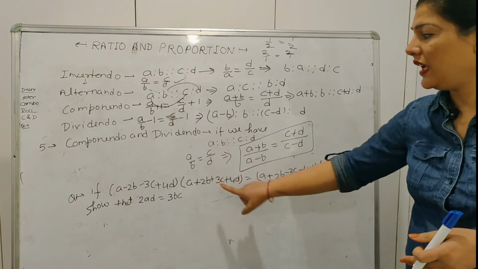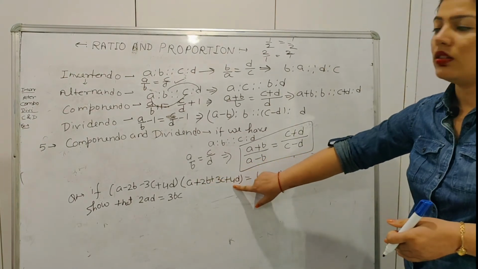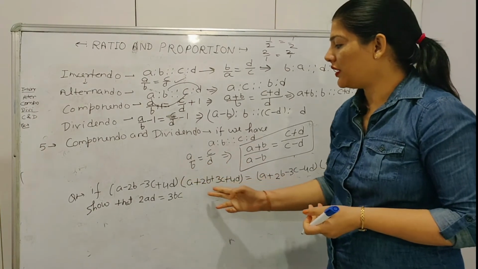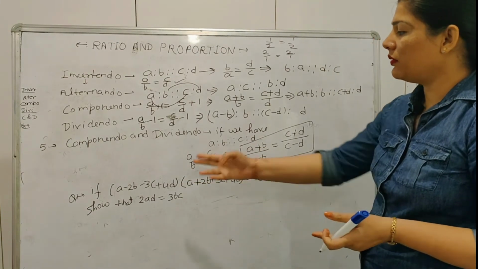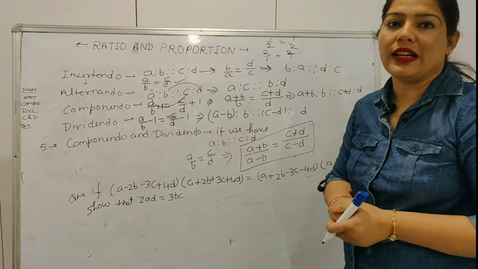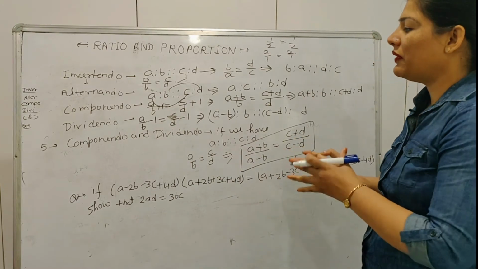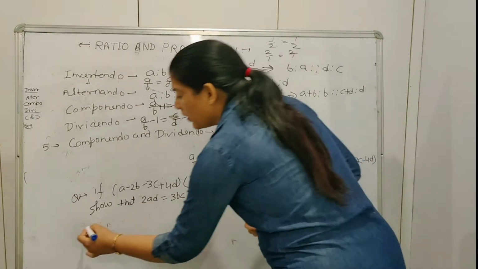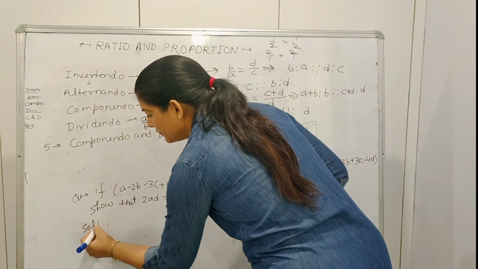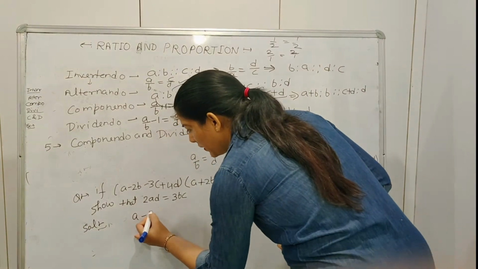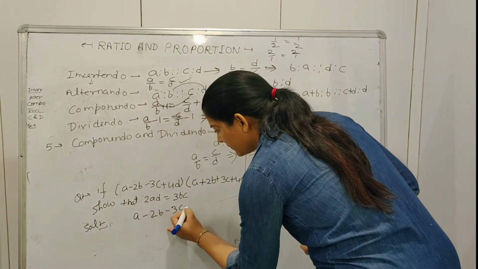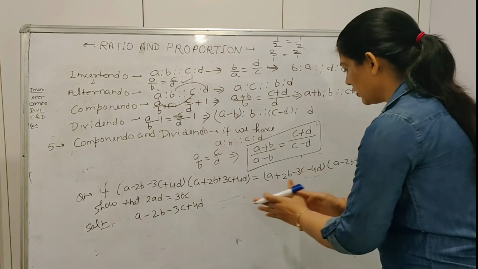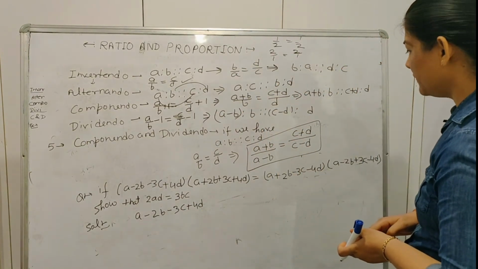Okay, so you can see this is a very long term, na? We have the 4 term product here, so if you multiply these two, you will get at least 16 terms here, but it will be very easy by applying this method. So what we have is A minus 2B minus 3C plus 4D, take 1 to the denominator here.